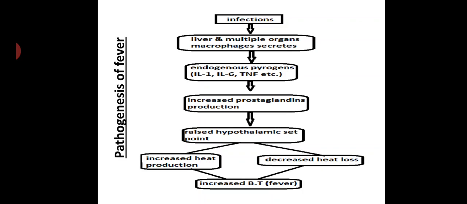I think you all know macrophage structure and function, because it was discussed in the blood lectures. Now this macrophage will release substances, and these substances are called pyrogens because they produce pyrexia. Pyrexia means fever. So they are given the name pyrogen, like interleukin 1, interleukin 6, or tumor necrosis factor, etc.